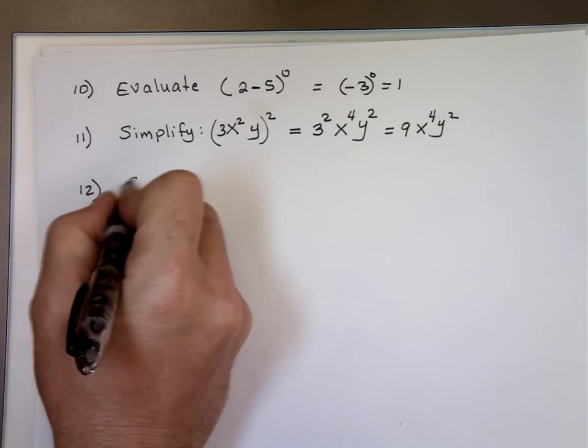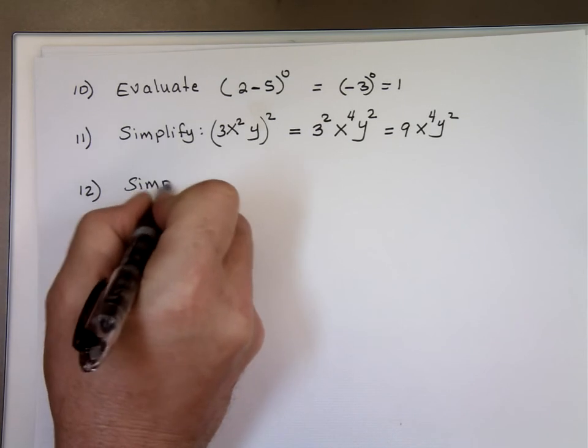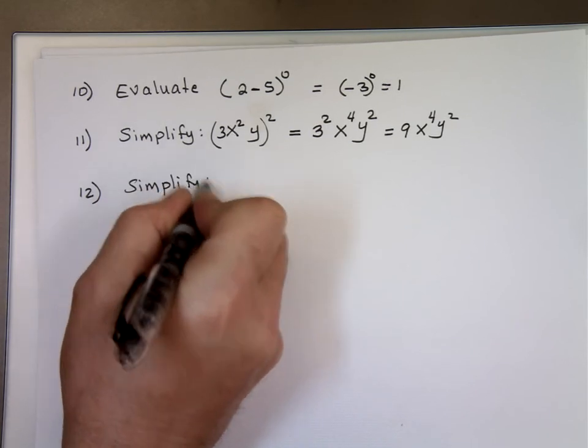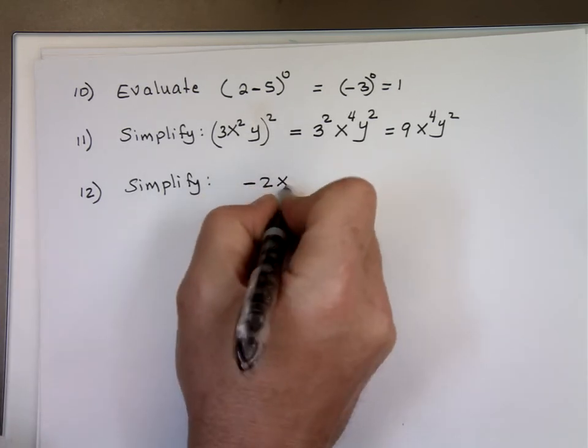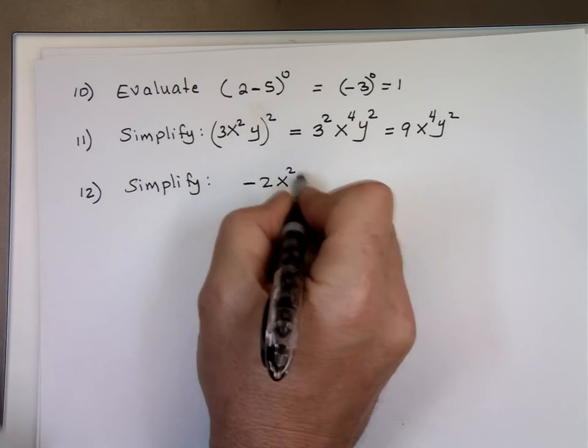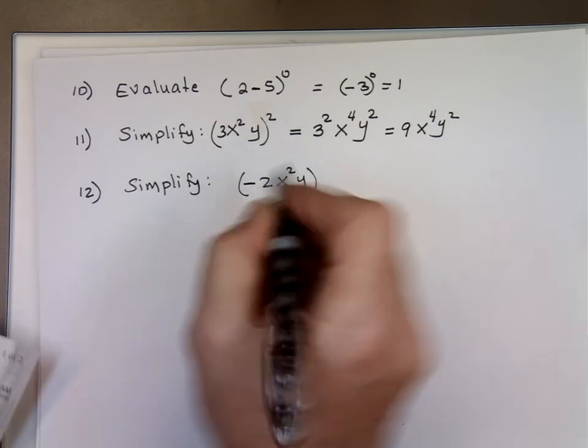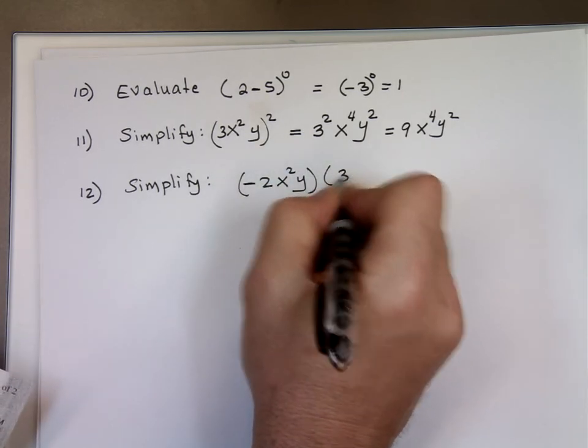Simplify. Negative 2x squared y times 3xy squared.